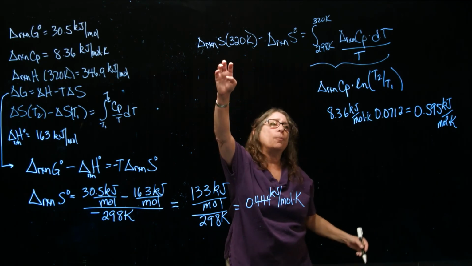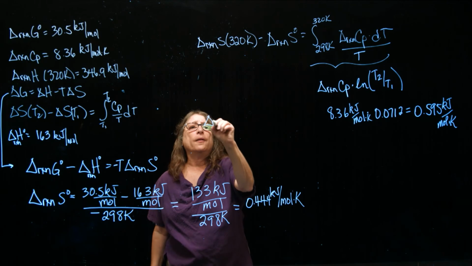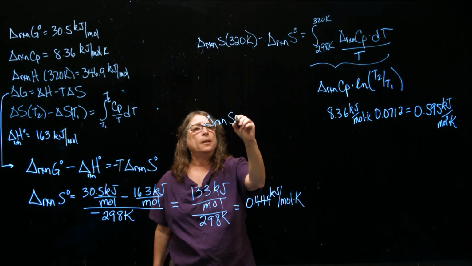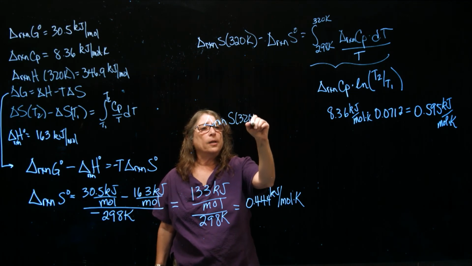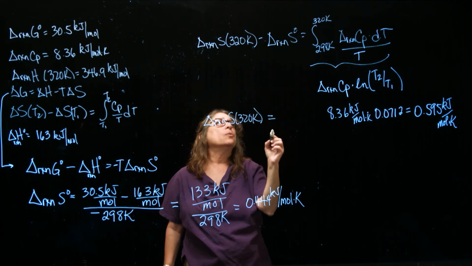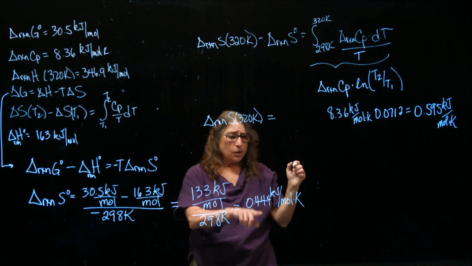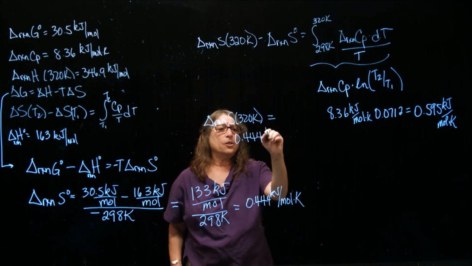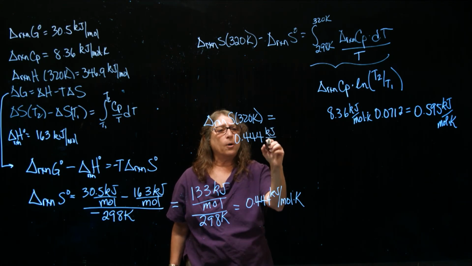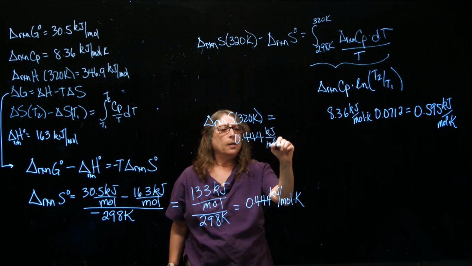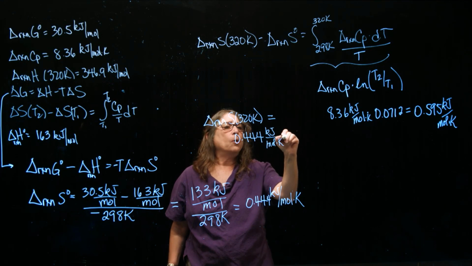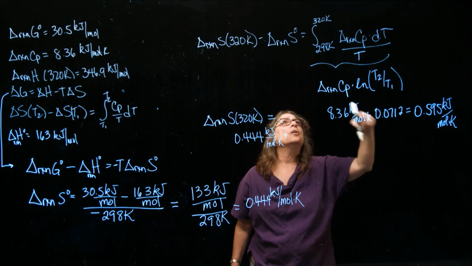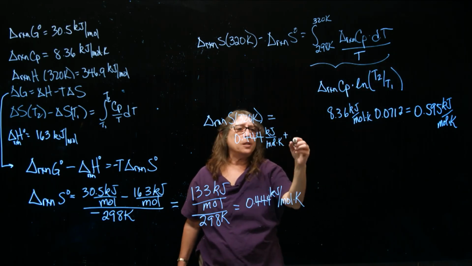And so now I can go back here and find that the reaction change for the entropy at 320 Kelvin is equal to my initial entropy under standard conditions, 0.444 kilojoules per mole Kelvin, and I'm going to add in this value, which is the adjustment for the temperature.